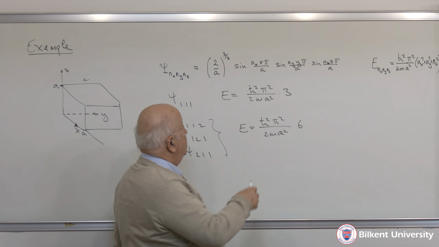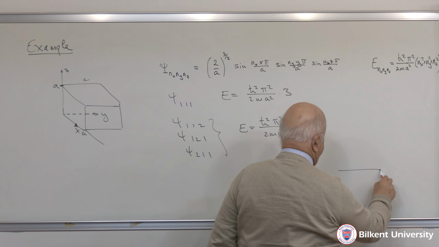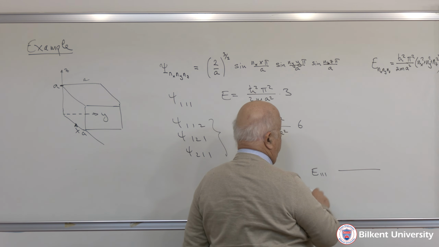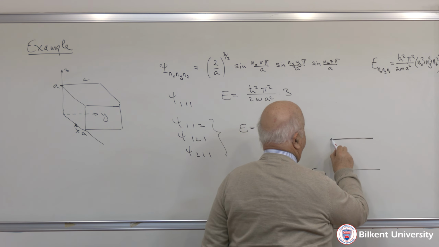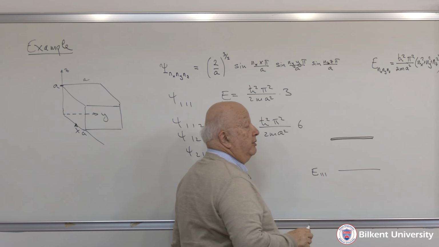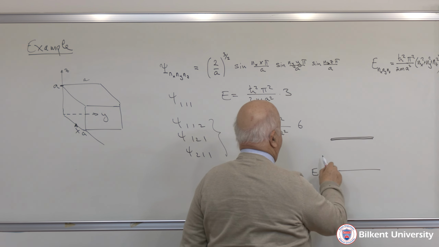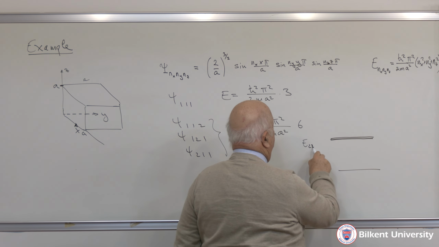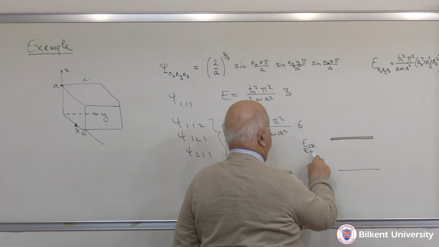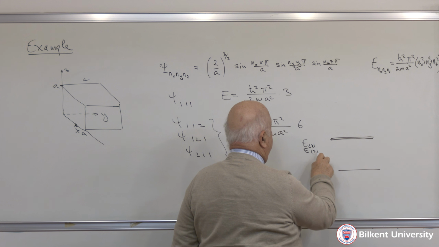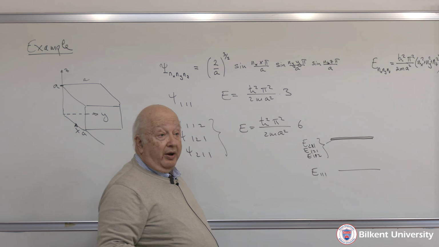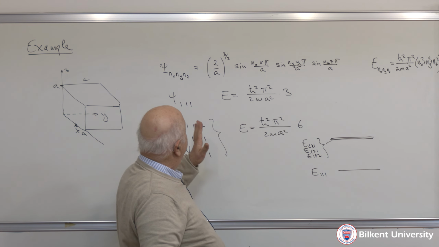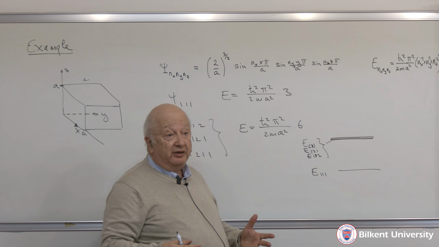The lowest energy state here is E111, and then there is a threefold degenerate state here, which is E211, E121, and E112. All these have the same energy. Now I'm going to put in an H1, which will break this symmetry.